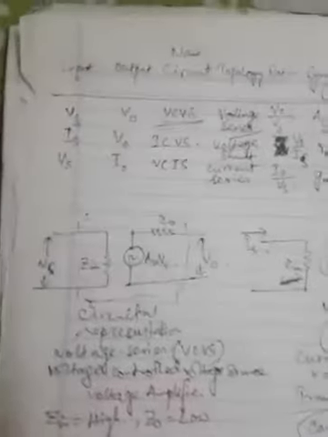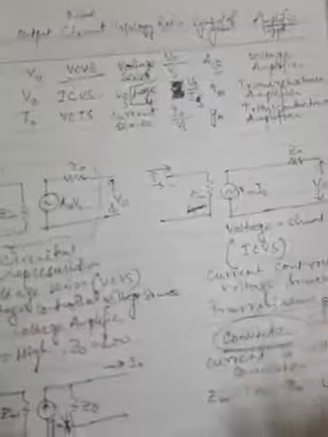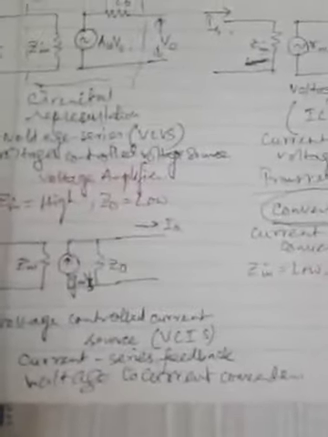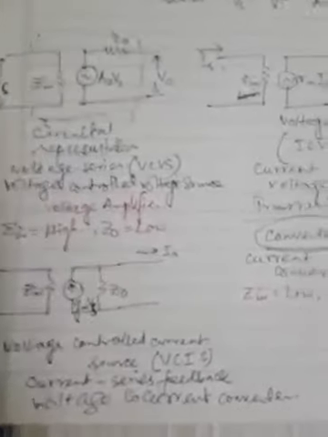So that's why alternately this is called a voltage to current converter. That means voltage is given at the input and current is taken as the output. So this is a V to I converter.